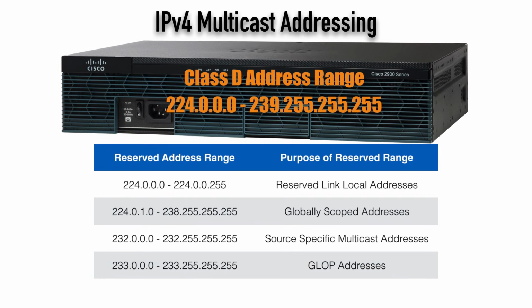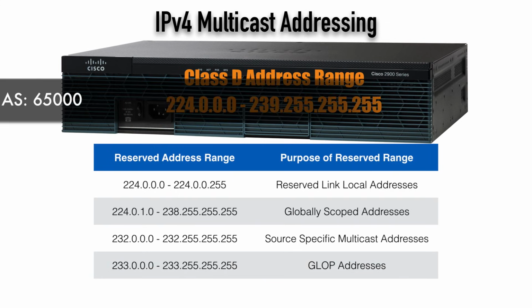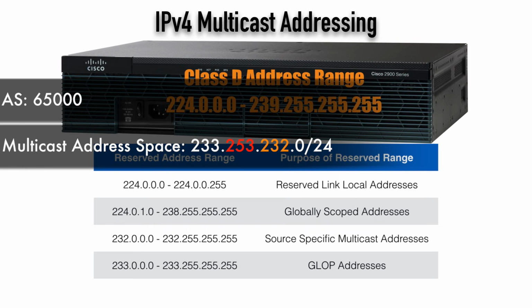For example, let's say that we had autonomous system number 65,000, just as an example. In that case, our GLOP address that would be globally unique would be 233.253.232.0 all the way through 233.253.232.255. You see, the second and third octets were determined by our autonomous system number.